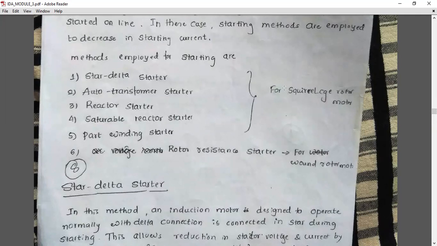These five are related to the squirrel cage rotor. There are two types of induction motor: the squirrel cage type and the slip ring induction motor. These five apply to the squirrel cage type. The sixth is applicable to the wound rotor or slip ring type. One by one we can study these.